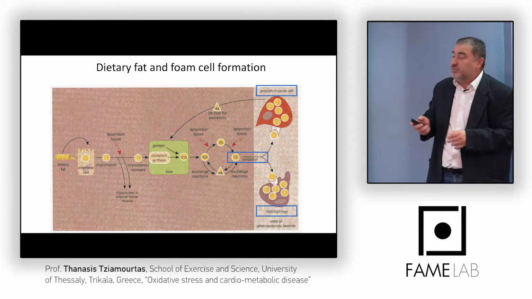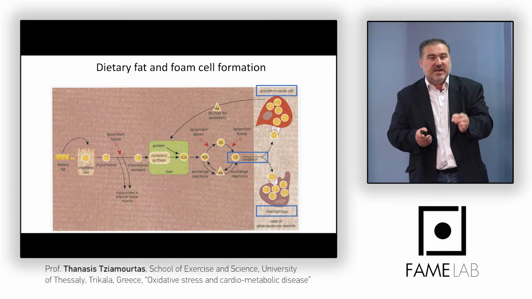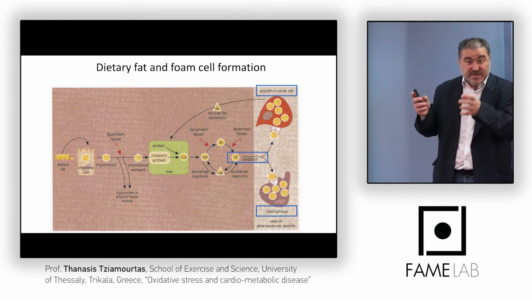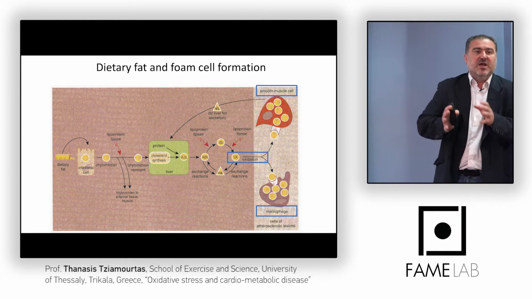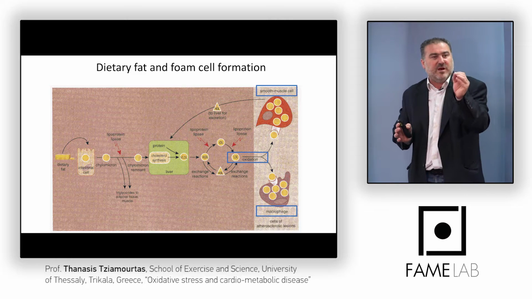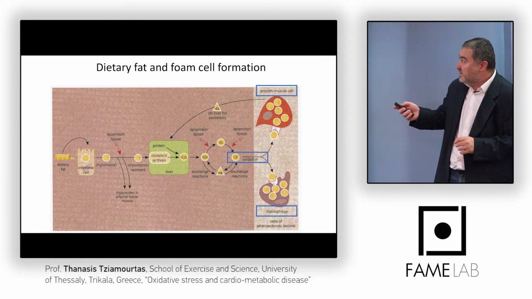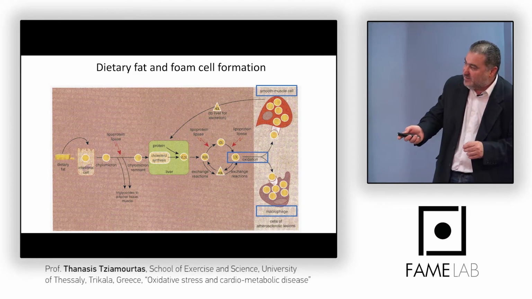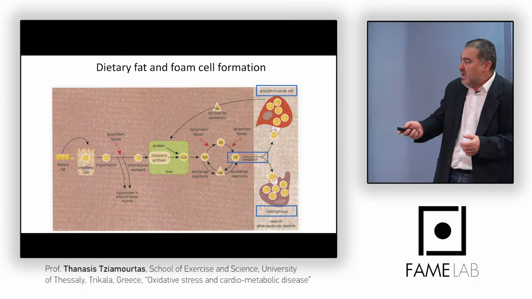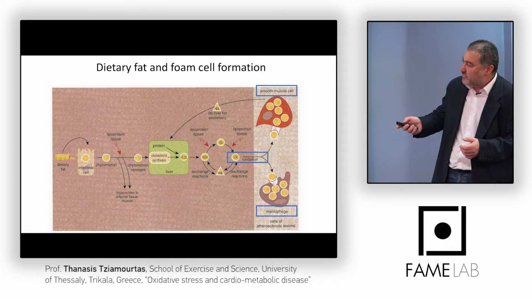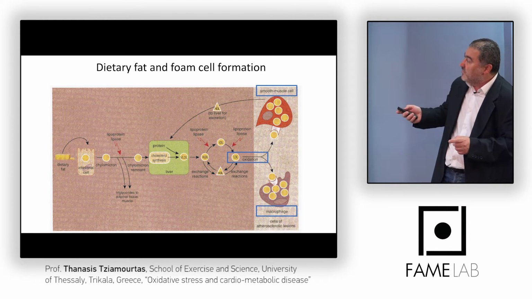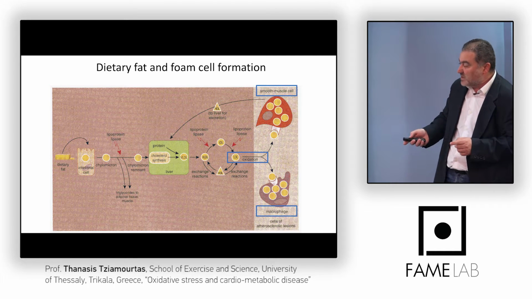Now, there are 2 different types of cells in our arteries that are going to significantly change its formation, and they are going to form foam cells. Those are the smooth muscle cells and the macrophages, and high dietary fat is going to, at the end, increase the levels of LDL, and if LDL is oxidized, then, as I said previously, that is going to cause the formation of foam cells in the smooth muscle cells and macrophages.